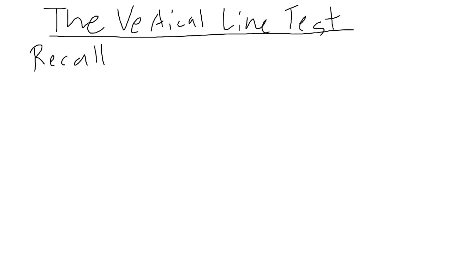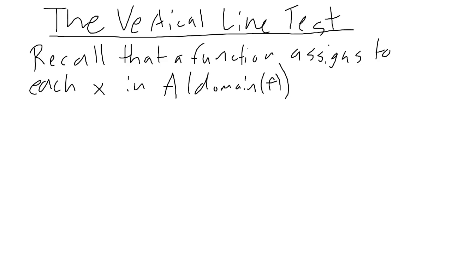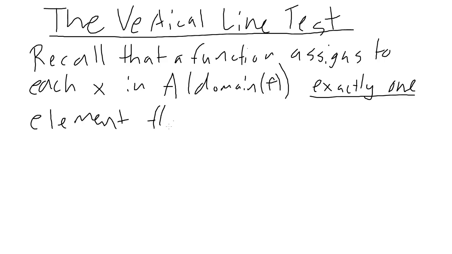So first, I want to recall that a function assigns to each x in A, the domain of f, exactly one, which is important, element f of x in B, which is, remember, the set that f of x lands in.